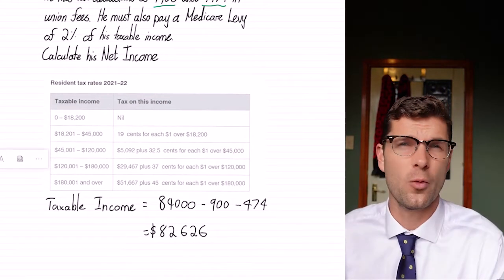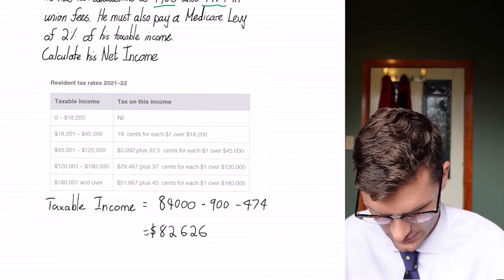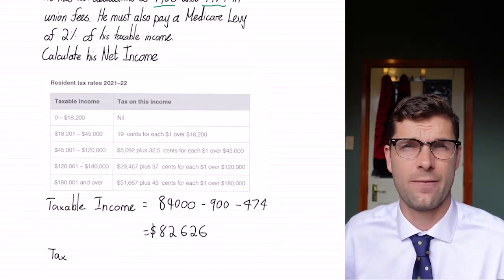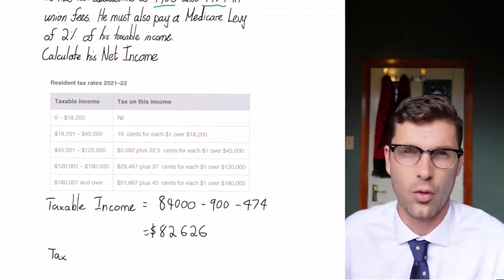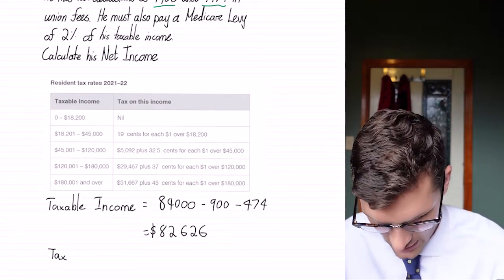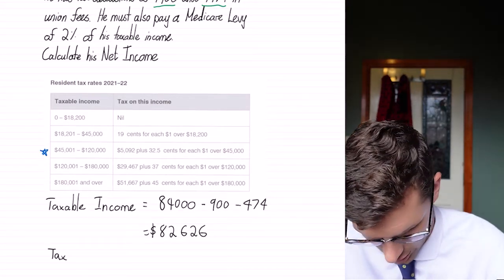So we know that we've got to pay tax. All right, so we're going to find out how much tax we pay now. So if you're unsure how to find tax, go back and have a look at one of my other videos. But once we've identified the tax bracket, it's pretty cruisy. So we're definitely in this tax bracket, and we just have to read across.